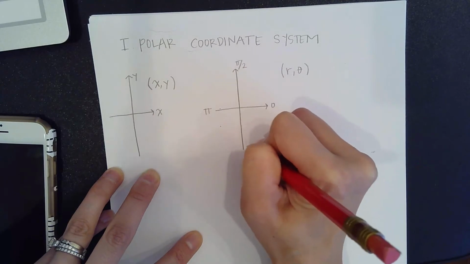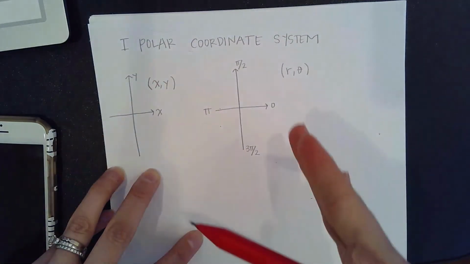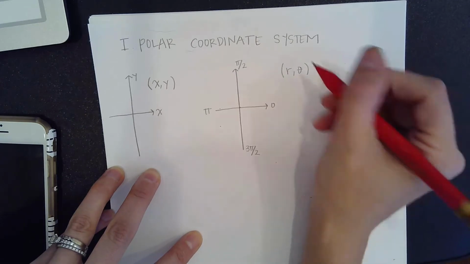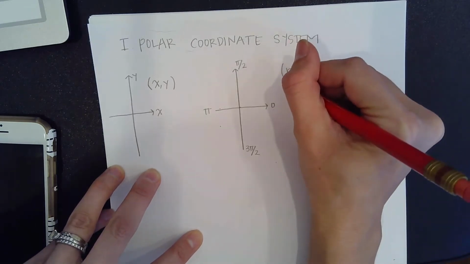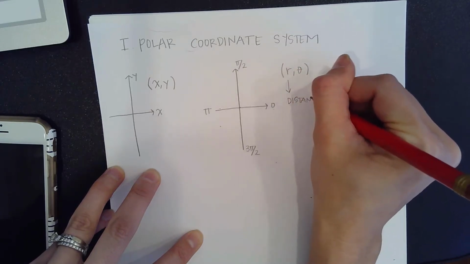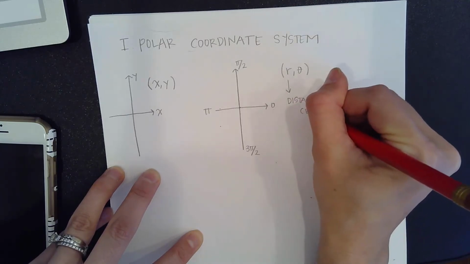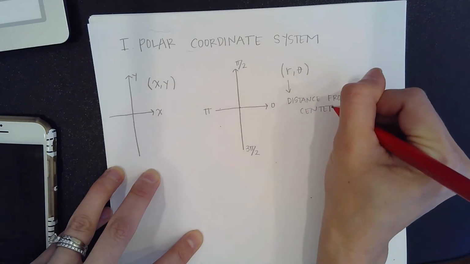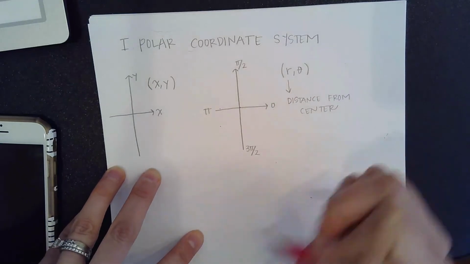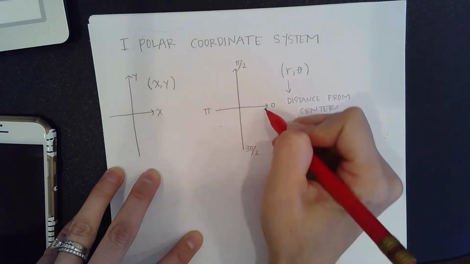So theta represents the angle that you're going to move around this center, and your r value is going to be the distance from the center.